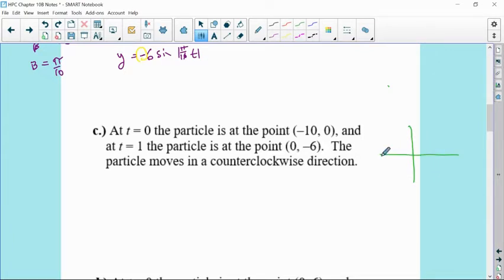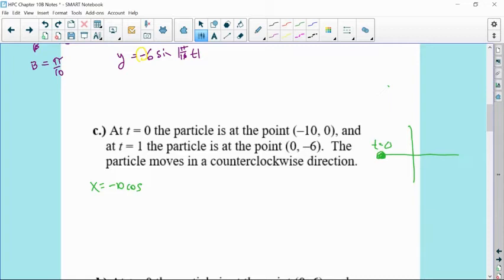So that still tells me that I want to make sure cosine goes with x. But like the last example, because it's starting at -10, I'm going to let that first coefficient be negative. So I know x is going to be -10 cosine, because that's where cosine of 0 actually gives you something.